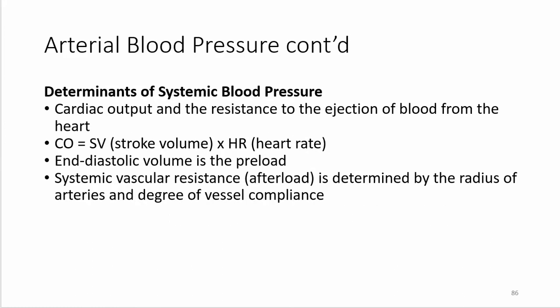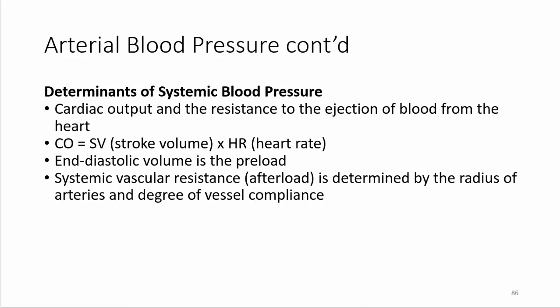So this is all just a review of the A&P, so I'm not going to go into depth with it. But really, the determinants are therefore cardiac output and systemic vascular resistance. Cardiac output is the stroke volume times the heart rate. The stroke volume is how much blood leaves per beat. The heart rate is how many beats per minute, and the cardiac output is blood per minute.